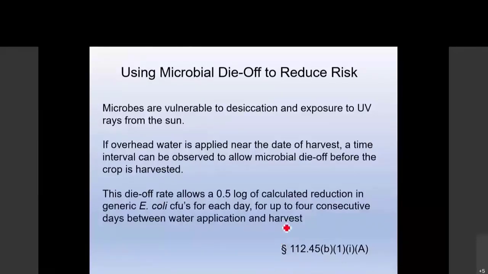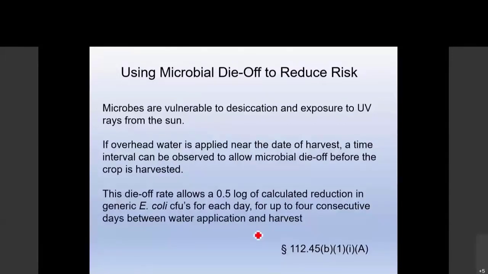So if you must use your overhead irrigation source, and it's close to your date of harvest, you can use the time and the sunshine, this doesn't work with cloudy days, to observe a time interval that allows the microbes to die off basically from exposure. That die-off rate allows a half log of calculated reduction in generic E. coli colony-forming units for each day, up to 4 consecutive days between water application and harvest.